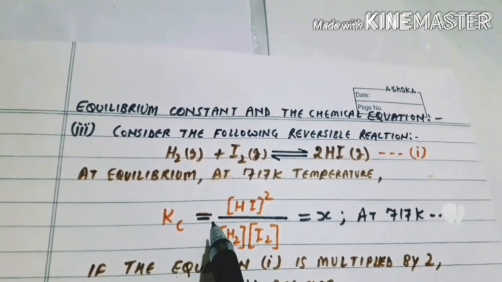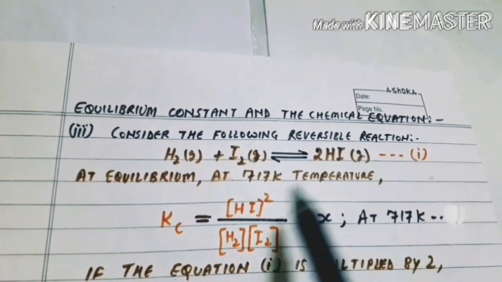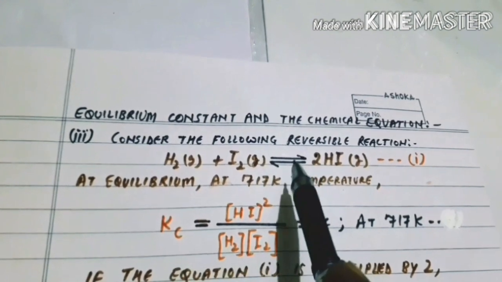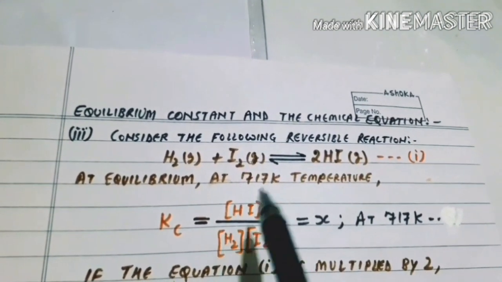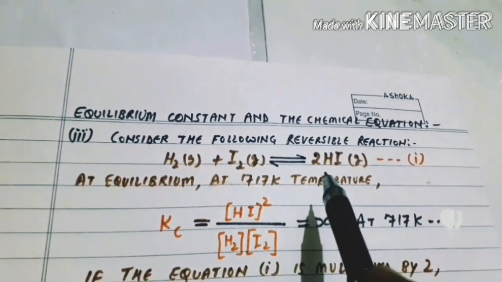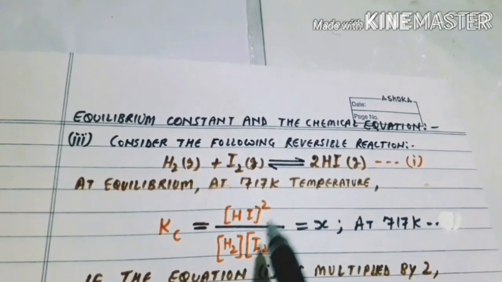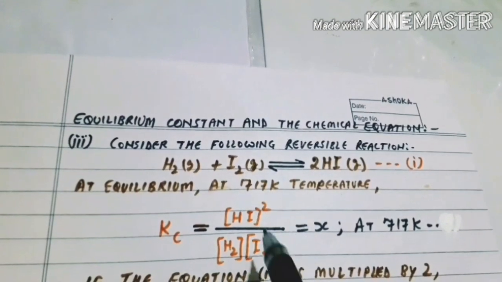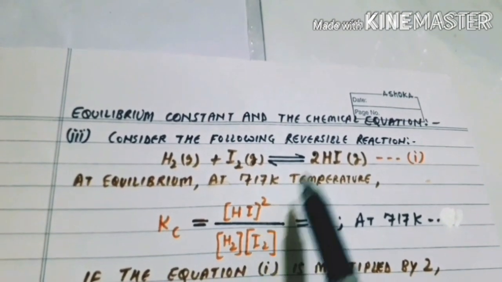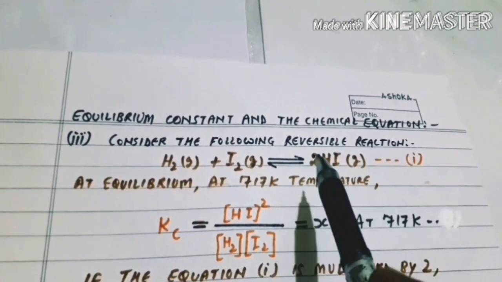So Kc, by definition, the equilibrium constant Kc for the forward reaction, is equal to the ratio between the product of the concentrations of the products to the product of the concentrations of the reactants, in which each concentration term is raised to power equal to its stoichiometric coefficient given in the balanced chemical equation.